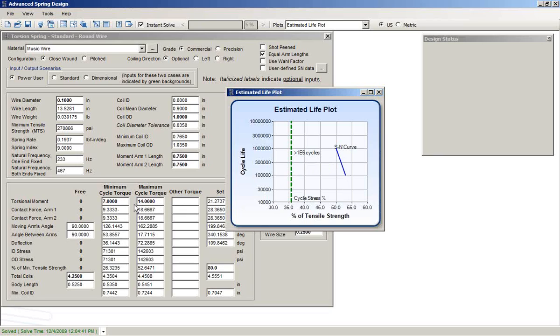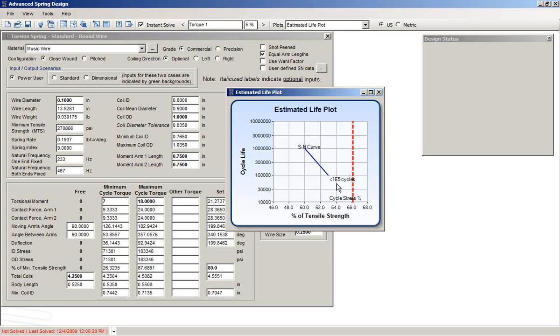So as we make changes to the design, I'll go ahead and increase the maximum cycle torque to 18. You see that that moved the stress percentage over to the right side of the SN curve.